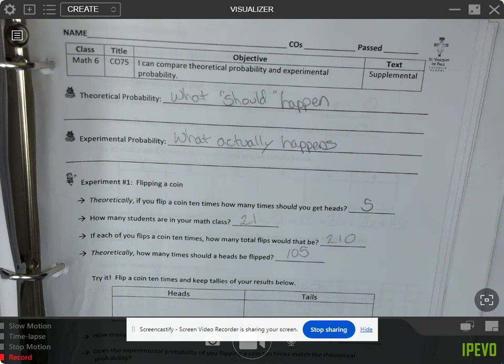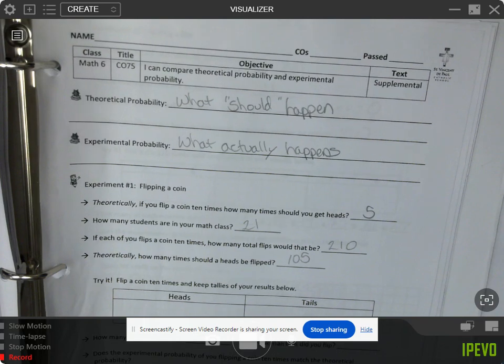In all reality, that doesn't always happen that way, right? If I flip my coin, I'm not going to get even heads and even tails. Sometimes we luck out, not always. So we have to be careful what's theoretical versus experimental. So what should happen versus what actually happens when we do the experiment.